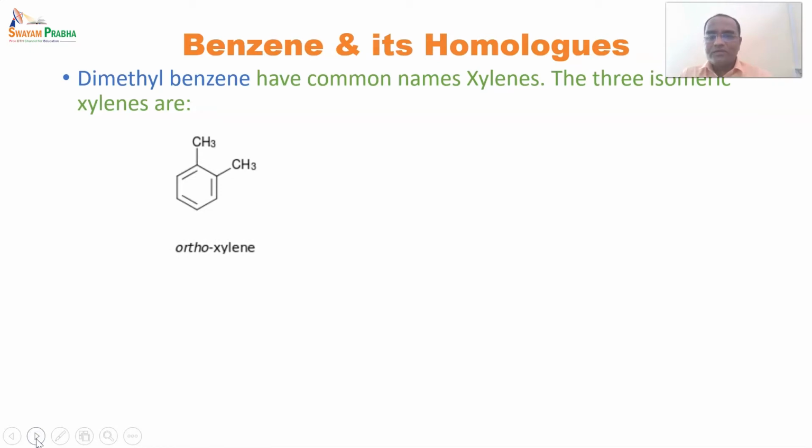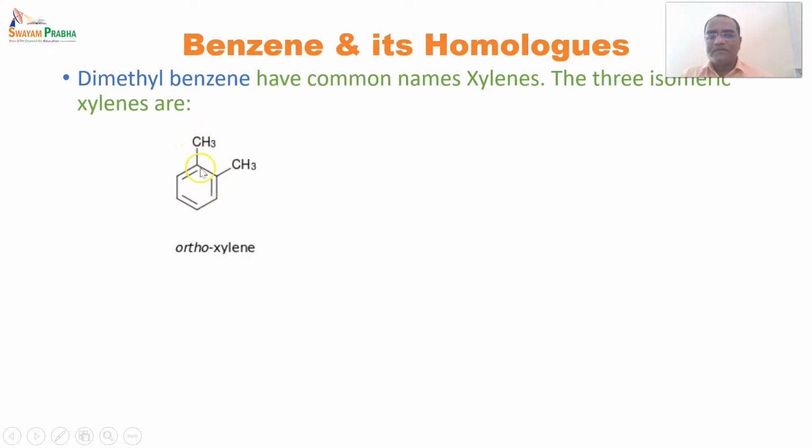The first one is orthoxylene. There are 3 positions in benzene: ortho, after that meta, and lastly para. The para position is one of the stable positions. Ortho is close to the first position, and meta is said to be the third and fifth position.